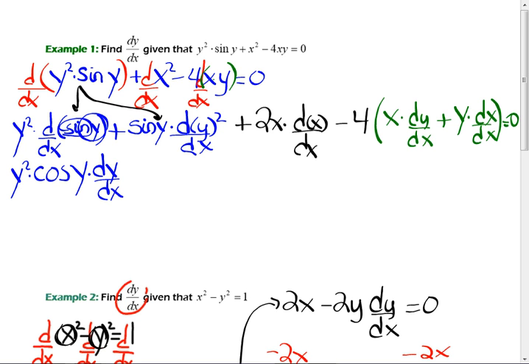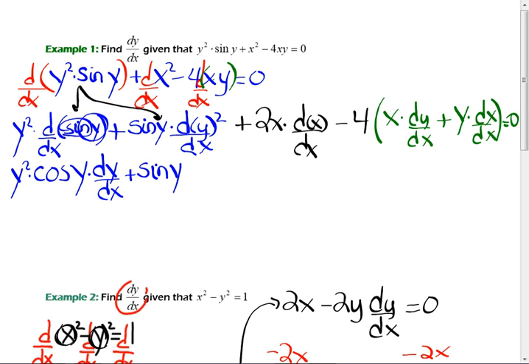I can't do anything with it, but if I don't get a dy dx, I'm in trouble anyway, because how can I solve for it? Plus the sine of y. No, this is y squared times sine of y. We're just doing the first one in red here. Then it's plus the sine of y.